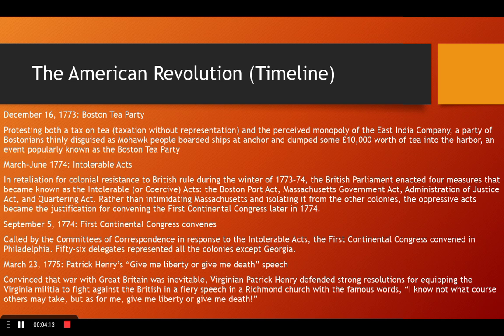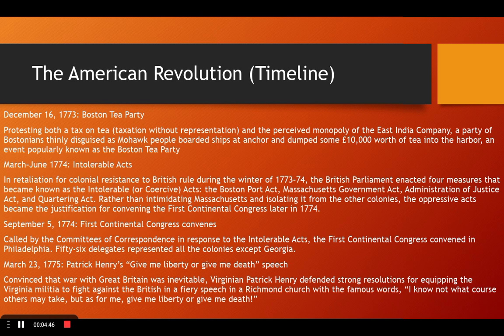March to June 1774, Intolerable Acts. In retaliation for colonial resistance to British rule during the winter of 1773 to 74, the British Parliament enacted four measures that became known as the Intolerable or Coercive Acts: the Boston Port Act, Massachusetts Government Act, Administration of Justice Act, and Quartering Act.